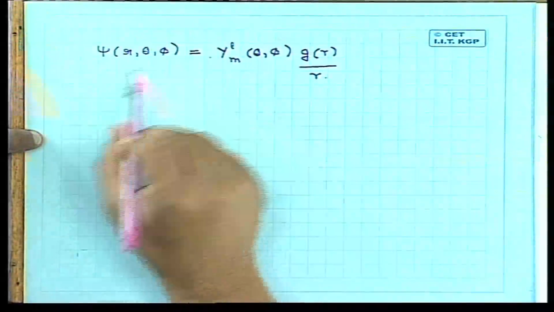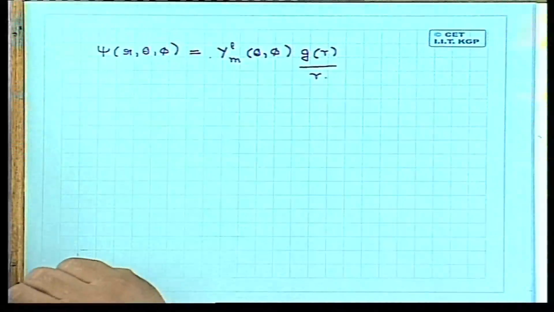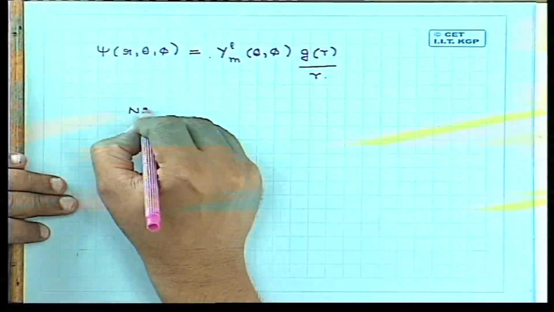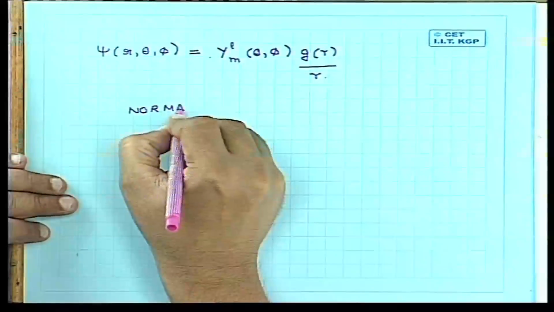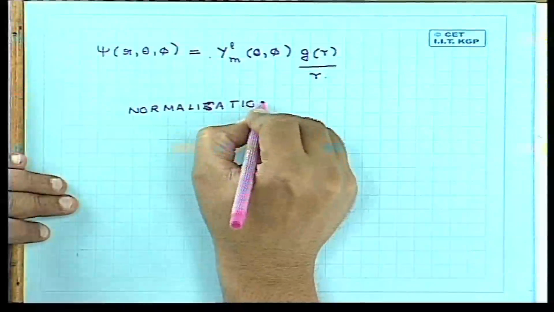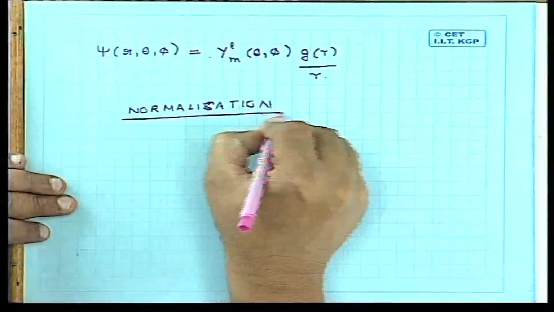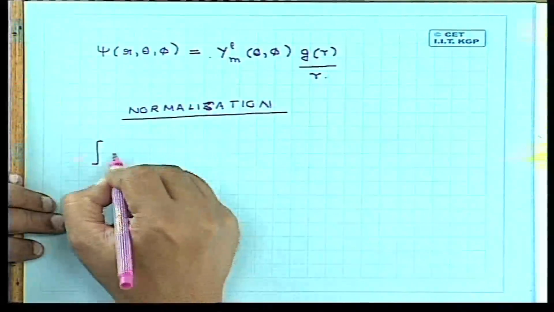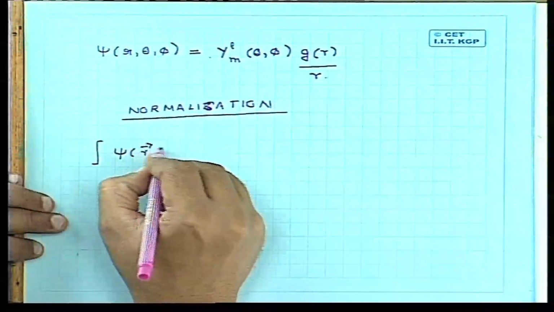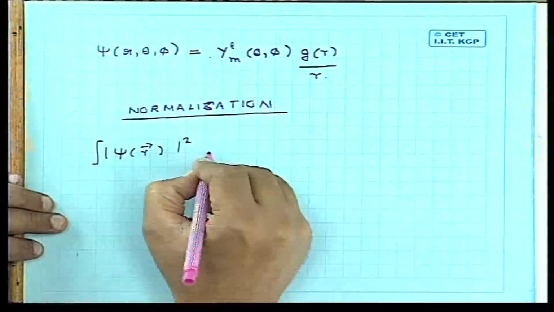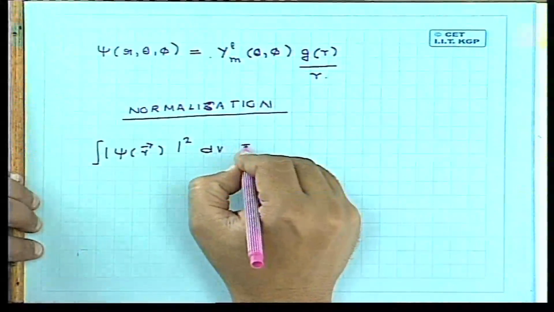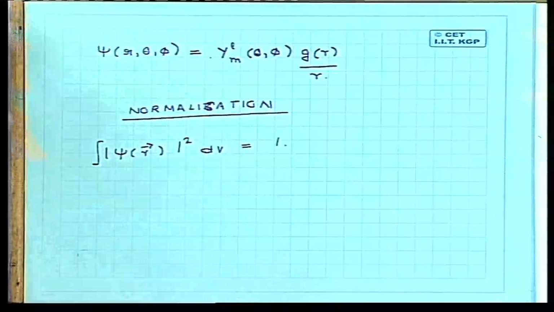Let us first look at the normalization of this wave function. The integral of the mod square of this wave function over all volume should be equal to unity.